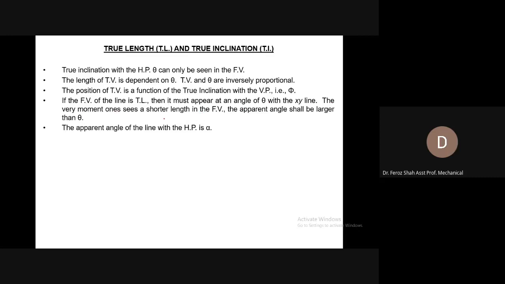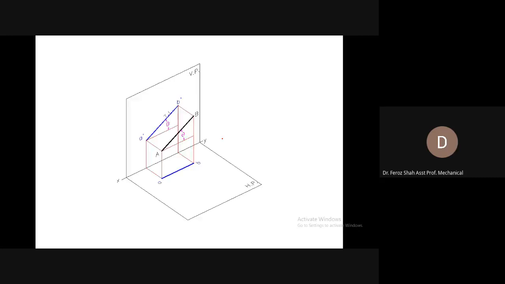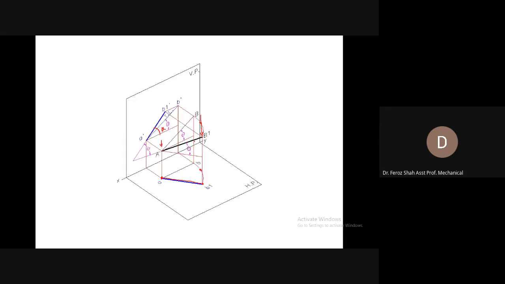The very moment one sees a shorter length in the front view, as in this case, the front view is shorter than the true length, so it must appear at an apparent angle larger than theta, and that apparent angle will be called alpha. The true inclination with the vertical plane, phi, can only be seen in the top view.